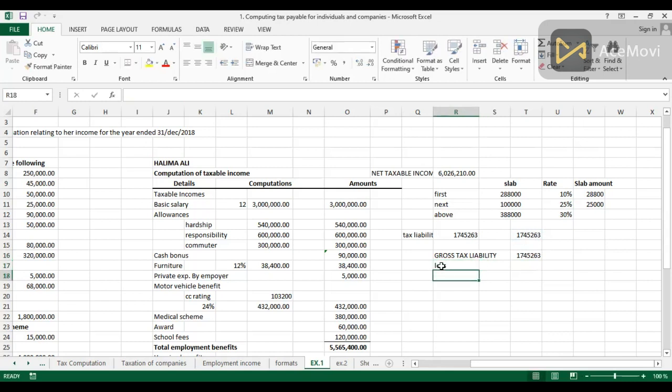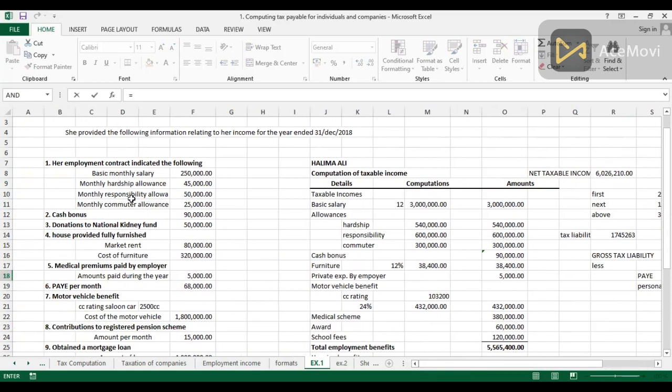We'll be lessing pay, tab, and also we will be lessing personal relief. Personal relief, isn't it? That's we'll be lessing also personal relief, isn't it? So our pay here equals, we had our pay in the question.